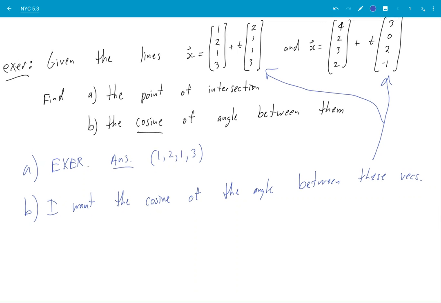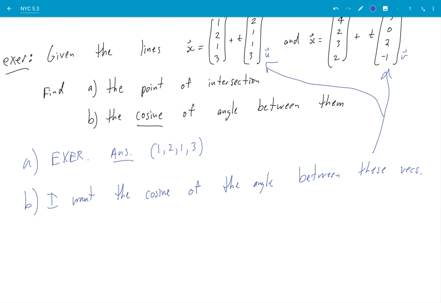So what you do is, why don't we give them names here? Call this U, call this guy V. And I use my U dot V formula. It's going to be the length of U times length of V times the cosine of the angle between them.